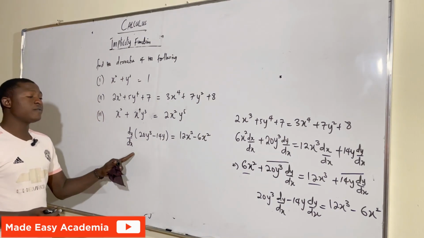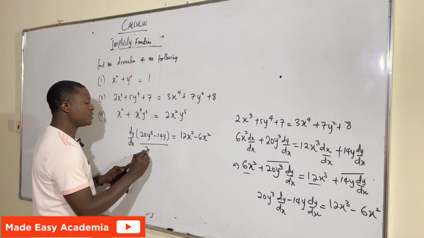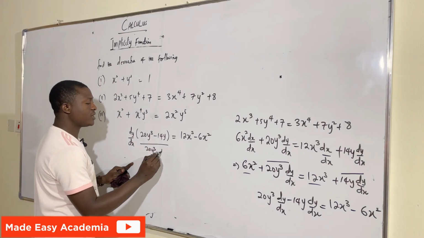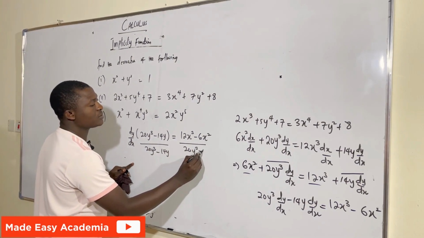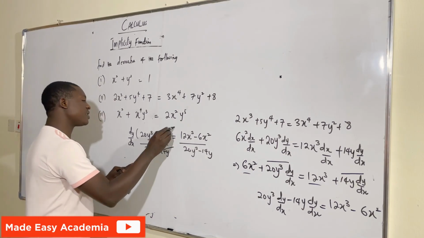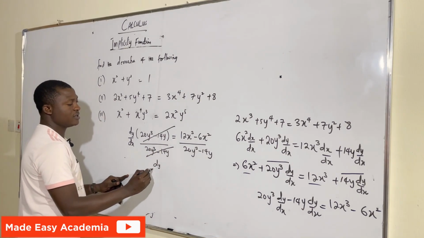So now I divide all through by 20y cubed minus 14y. If this cancels this, we have dy/dx.